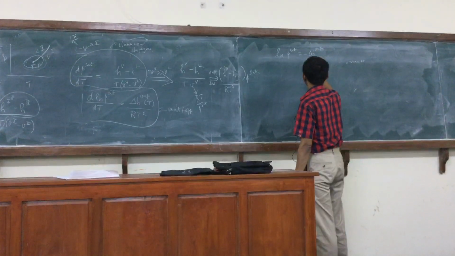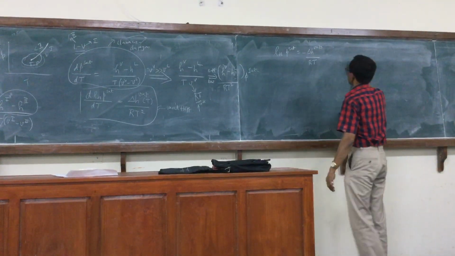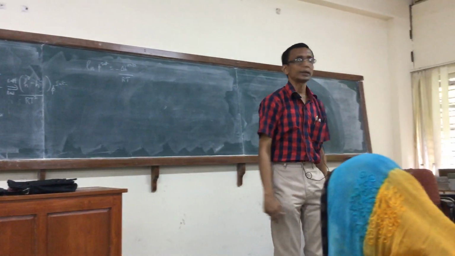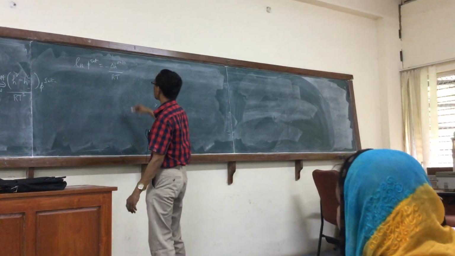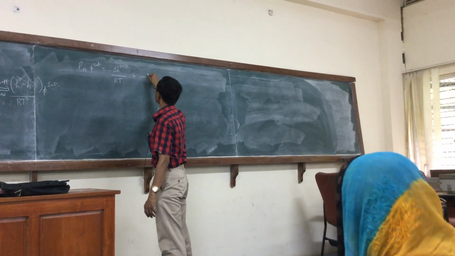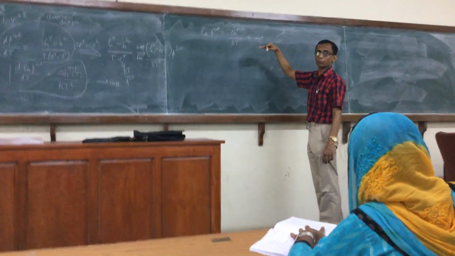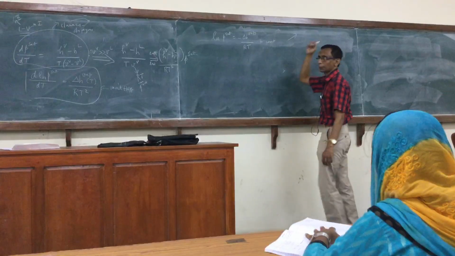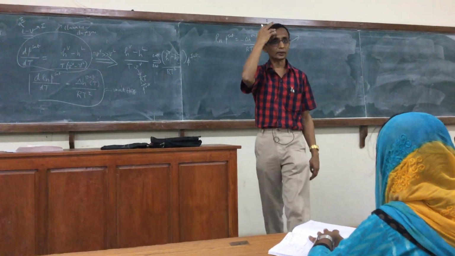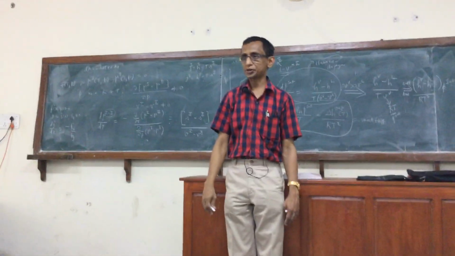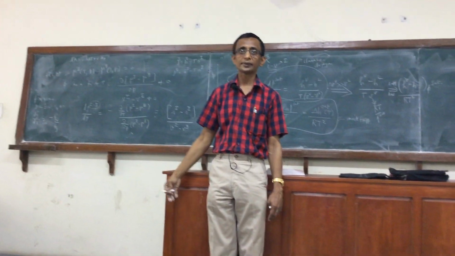If I integrate 1 over RT squared, the integral would give me a minus 1 over T plus some constant. This form is probably adopted by, typically if you see any standard thermodynamics book, they give a table of saturation pressures versus temperature for many substances.